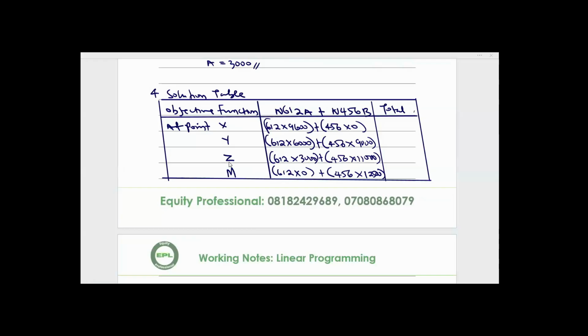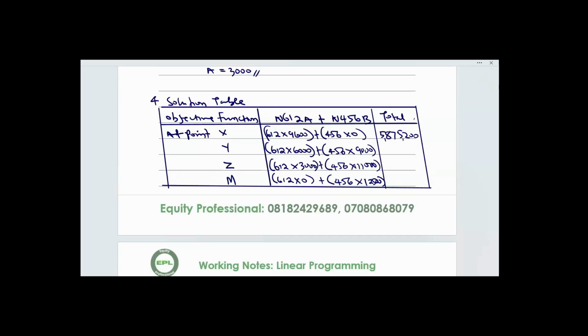Plus, open another bracket, 456 multiplied by 0. Close the bracket. Equal, that's 5,875,200 naira.